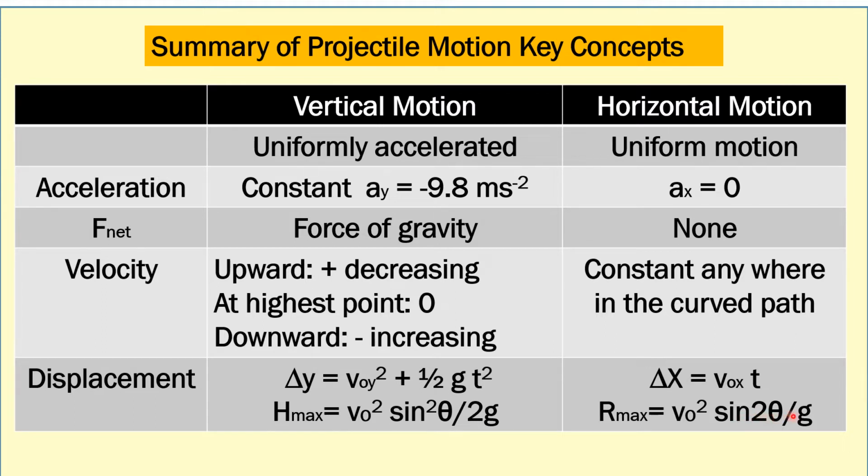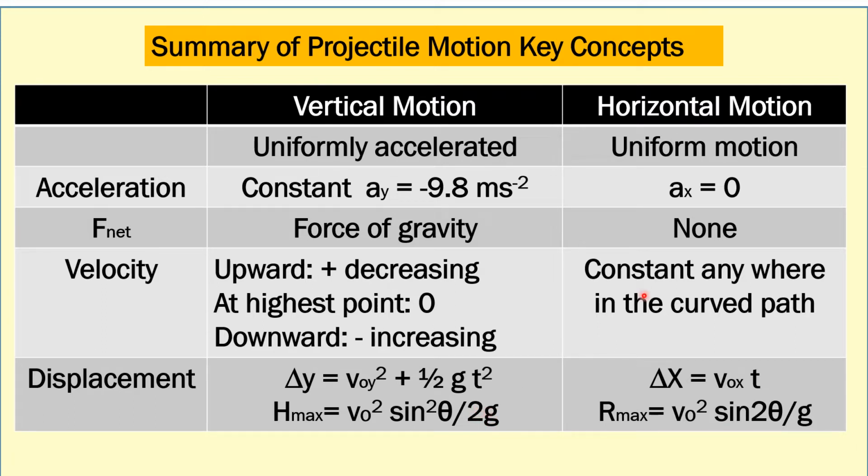Notice also another difference between the two equations. For the R max, there is no times 2 in the denominator. So just the value of g with no sign in it. Whereas for the H max, you have to multiply the absolute value of g by 2.